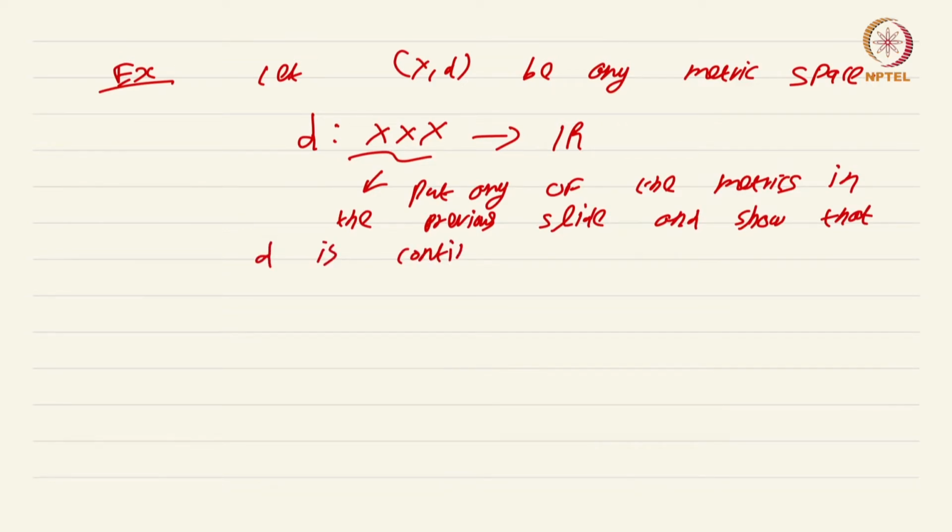So when you consider X Cartesian product with itself, you have these three natural metrics that we have defined. Under any of them, the metric d itself would be a continuous function.